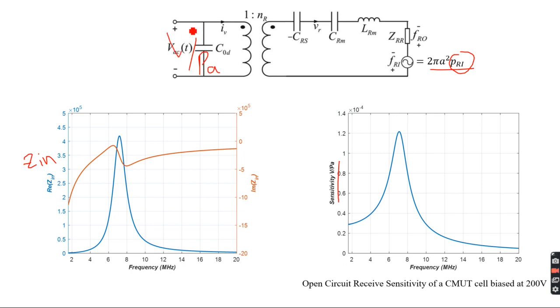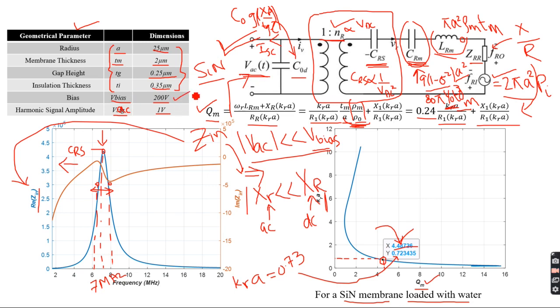So the sensitivity is volts per pascal, and you can see it's about 1.2 times 10 to the power minus 4. So it's a millivolt per pascal sensitivity: 0.12 millivolts per pascal that you get out of a single cell that is biased at 200 volts.